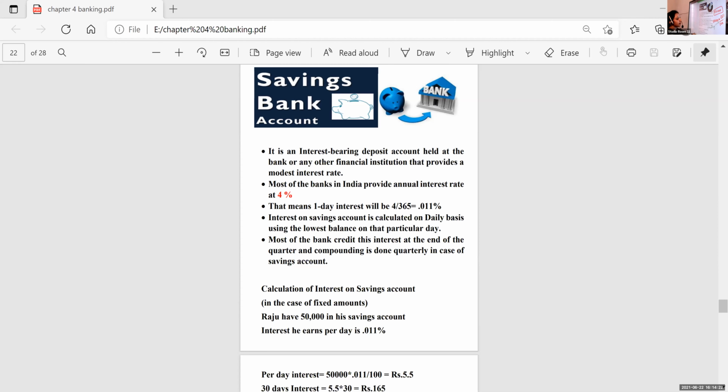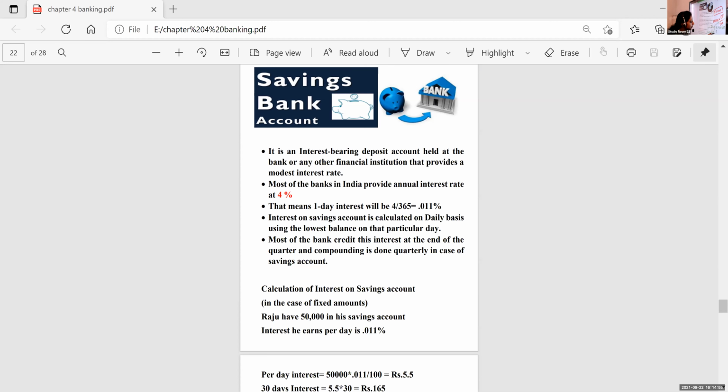One day. So when you do this, we get 5.5. So for this 50,000 on a single day, I will get 5.5 rupees as interest. So for that particular month, how much will I get? This is for one day, so monthly means into 30.